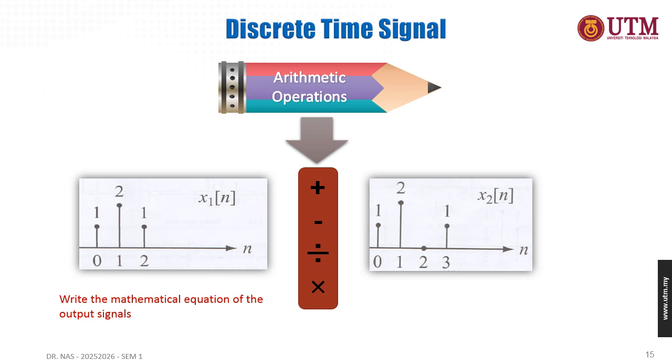Okay, when there are more than one signals in a system, there could be operations involved between those signals. The signals may be added, subtracted, divided, or multiplied.